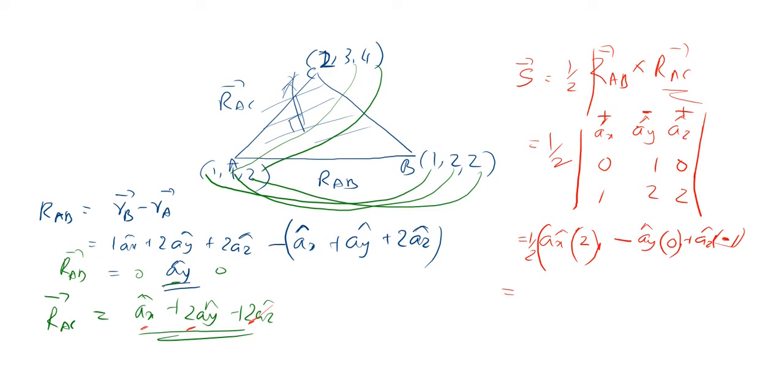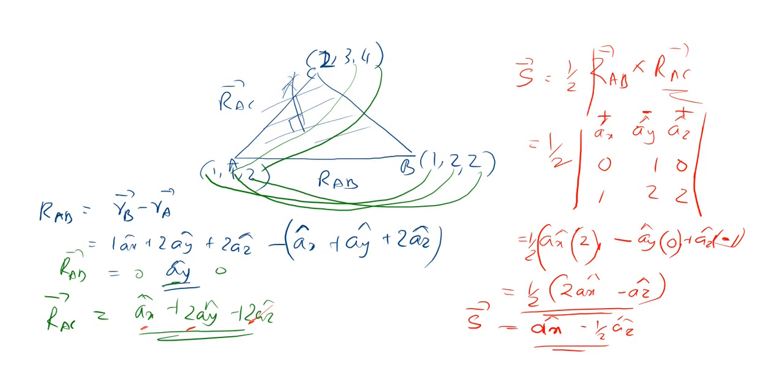So it is nothing but half into 2 ax cap minus az cap. So this is the vector, or simply I can write ax cap minus 1 by 2 az cap. So this is the area vector. Yes. Okay. Now what is the magnitude of S?